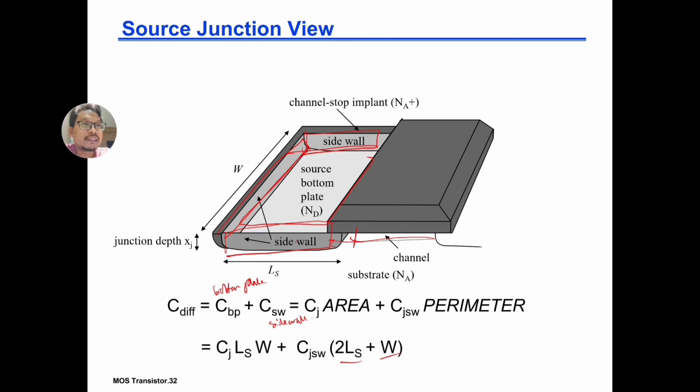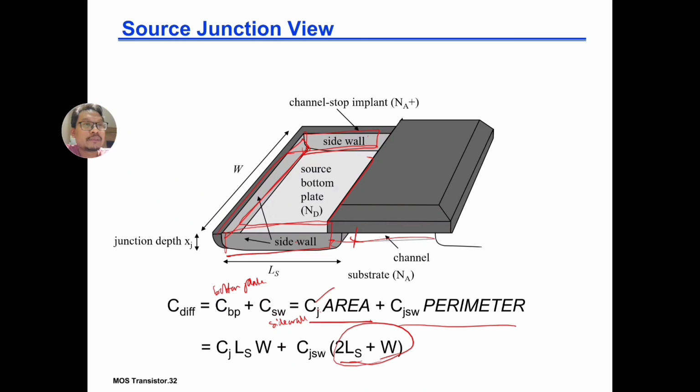But let's look at this one. What is CJ area? What is the CJSW parameter? CJ here is the bottom plate capacitance per unit area, and CJSW is the sidewall capacitance per length. And what is the total length?